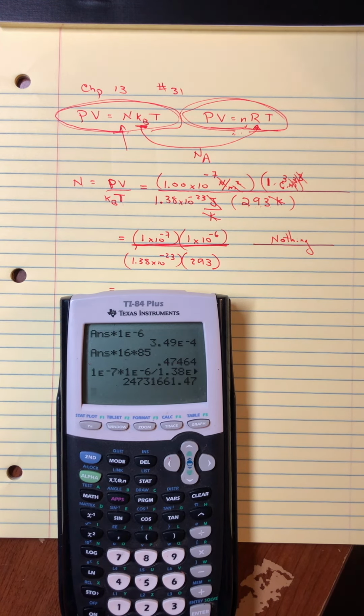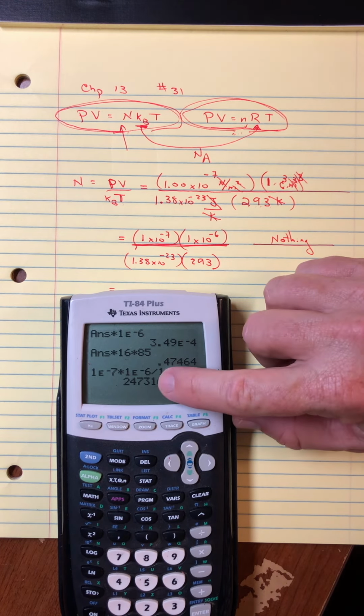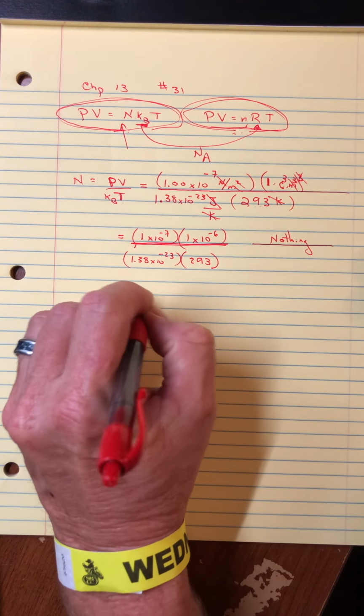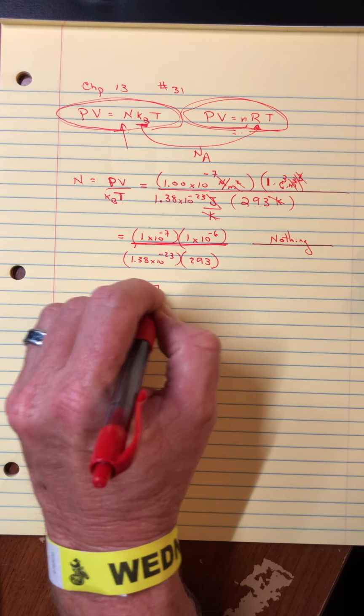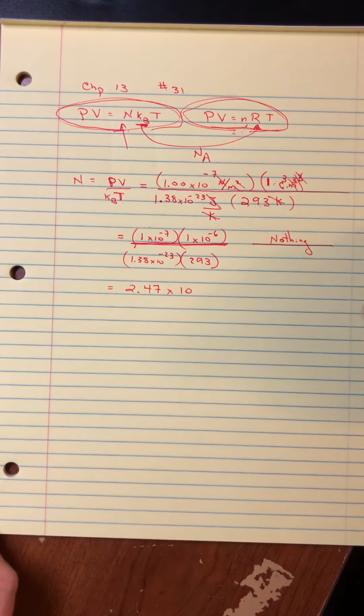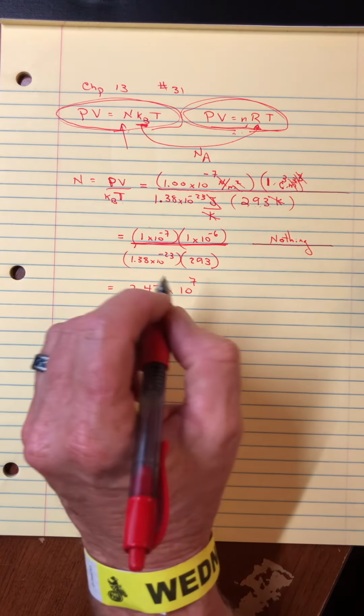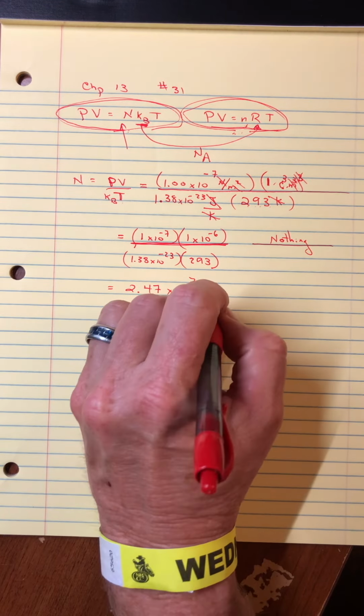All right. And despite it being an extremely good vacuum, still quite a few molecules. So this is 2.47 times 10 to the 7 atoms.